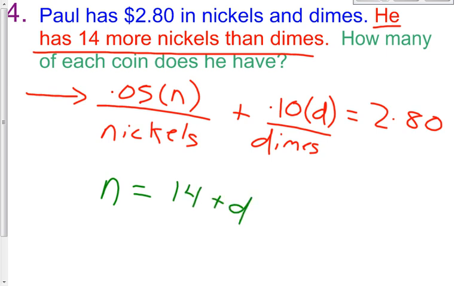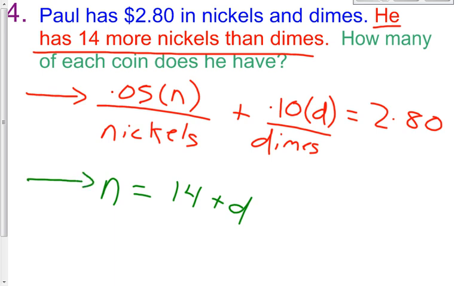Like we said, if there is 1 dime, then there are 15 nickels. If there are 2 dimes, he has 16 nickels. So n equals 14 plus d is going to be my second equation.